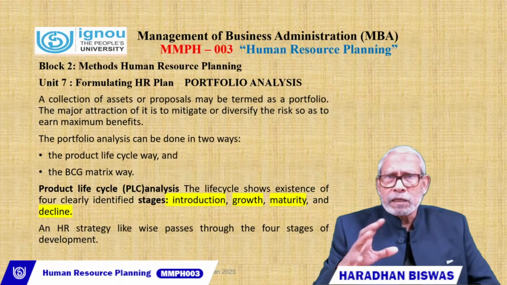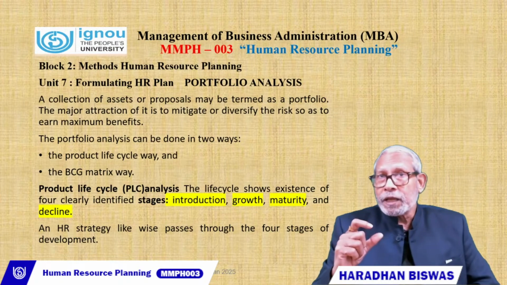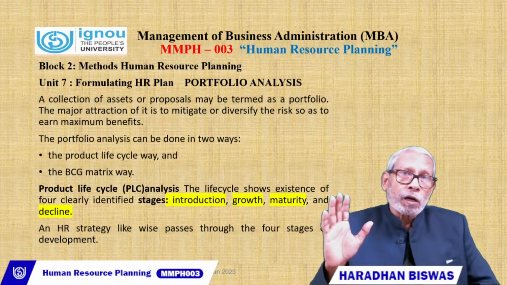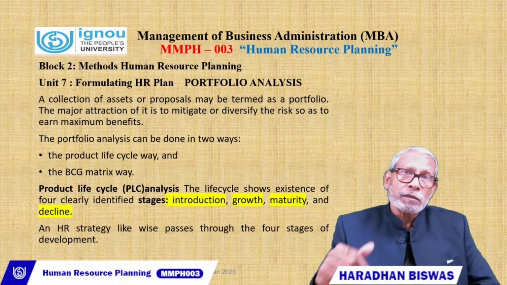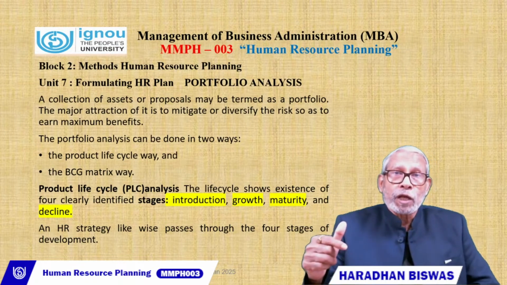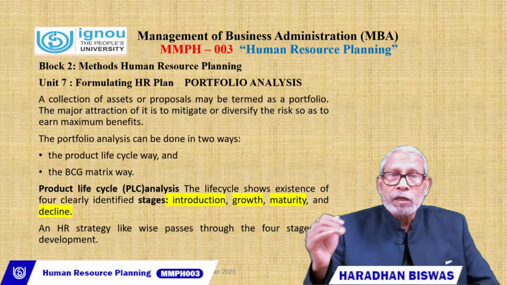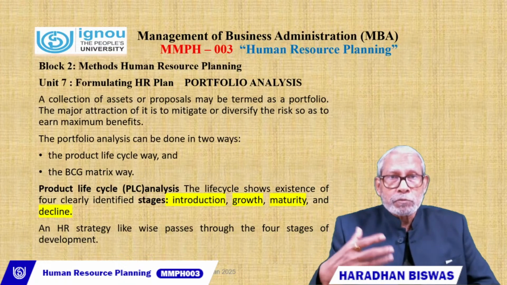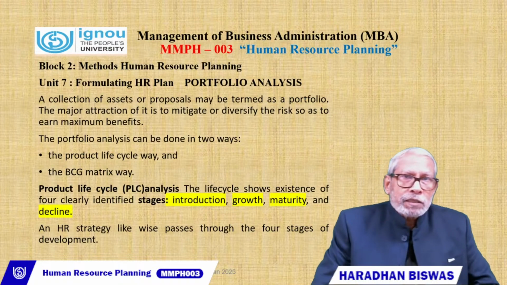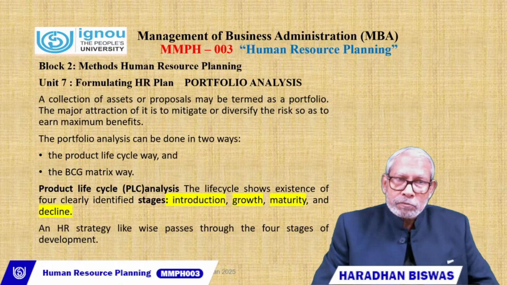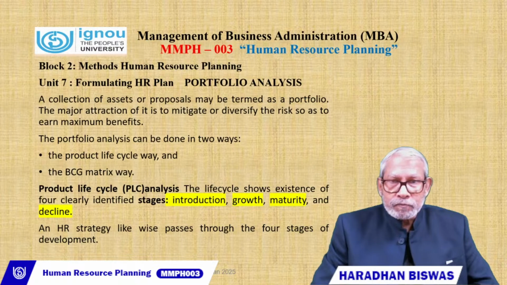Considering all these things, that is the right time to start another product, or a new product, or maybe a modification of the product. You have to think about it. All these things are part of your product life cycle.